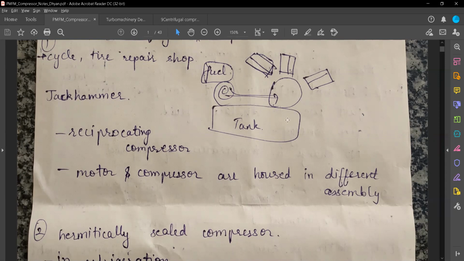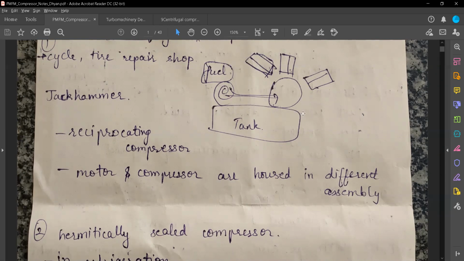After some time, when the air has been compressed to the required pressure, we can stop the engine, we can stop using the compressor section, but still the tank will have the compressed air, and we can use it for some time until the pressure inside is as per the requirement. Definitely the pressure will start reducing once we start using it, but the pressures are much higher.